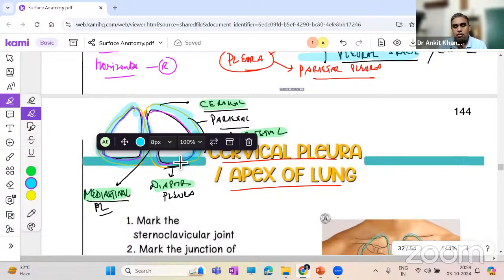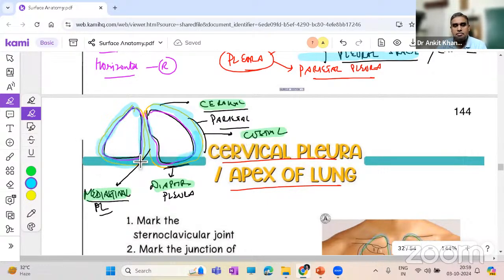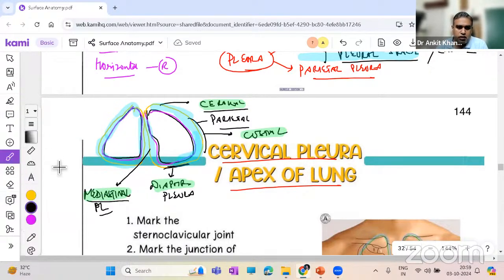In those cases, the fluid collects between the visceral and parietal pleura. You have to insert your needle here and take out the fluid so that the lungs get some area to breathe, because if there is fluid inside, the lungs will have less space to expand.